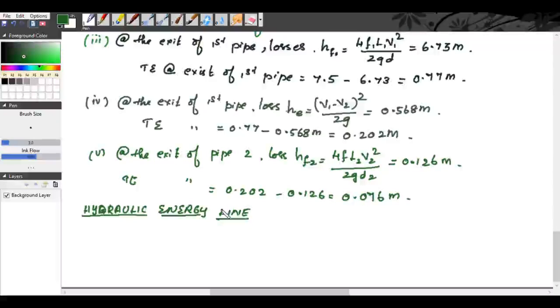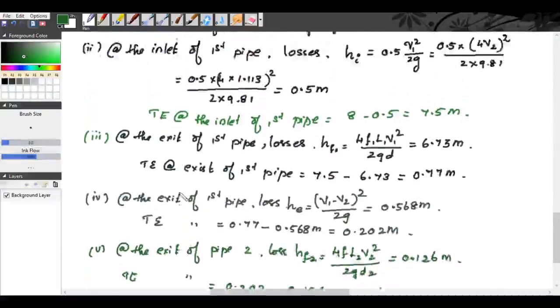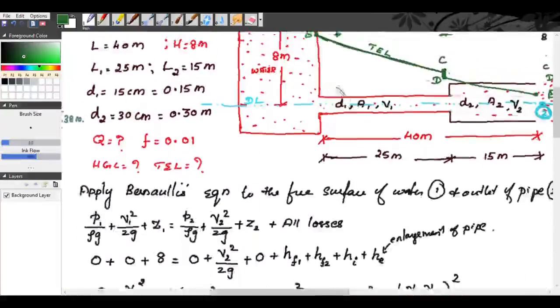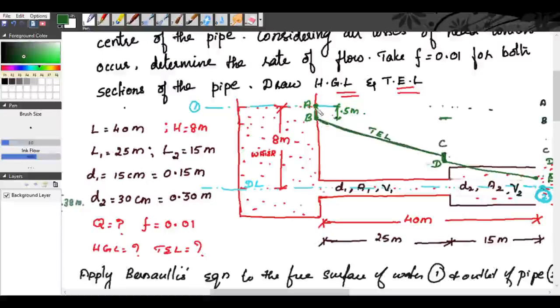So next we will determine the hydraulic gradient line. It is not energy, it is gradient. In order to obtain the hydraulic gradient line, from B, that is from this point, along this vertical line, there is a vertical line AB, right?